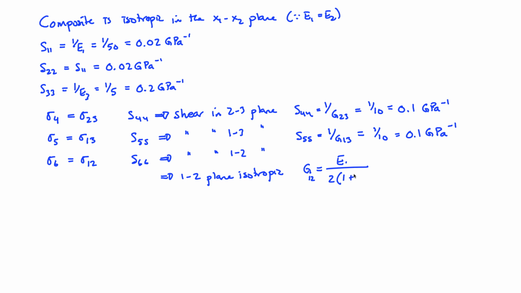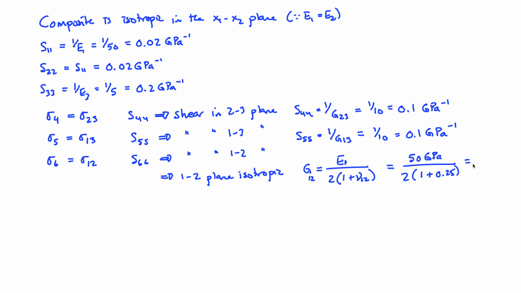So the equation is that the shear modulus in the isotropic plane, the 1, 2 plane, is equal to the Young's modulus in that plane, so we'll just use E1, divided by 2 times 1 plus the Poisson's ratio in that plane. So we're going to take nu12, and we're given the value of that as well. So here E is our 50 gigapascals, and we're dividing by 2 times 1 plus 0.25.